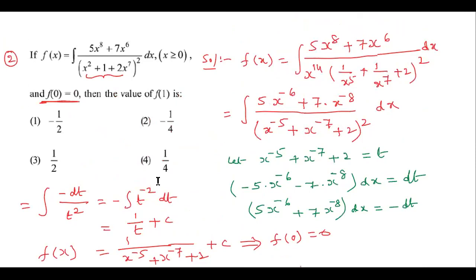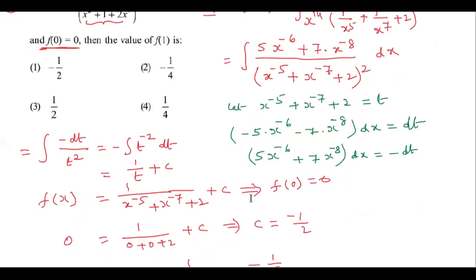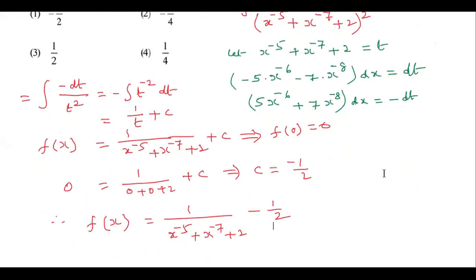But we need to find f of 1 value. I think observe here. Here is a small correction. X power minus 5. In place of x, 0 we are substituting, means x power minus 5, that is 1 by x power 5.